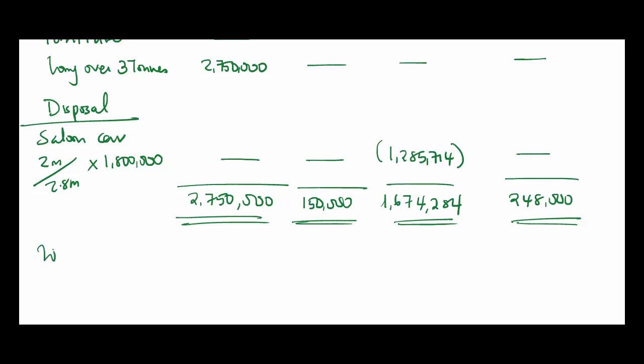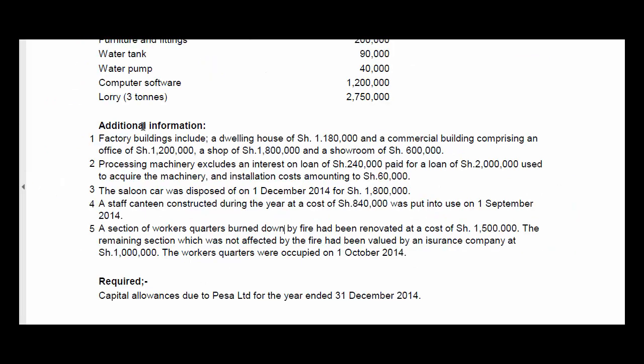Let's now compute the wear and tear allowances based on these numbers. Remember we had said that for computer software we'll work it out separately, 1.2 million.